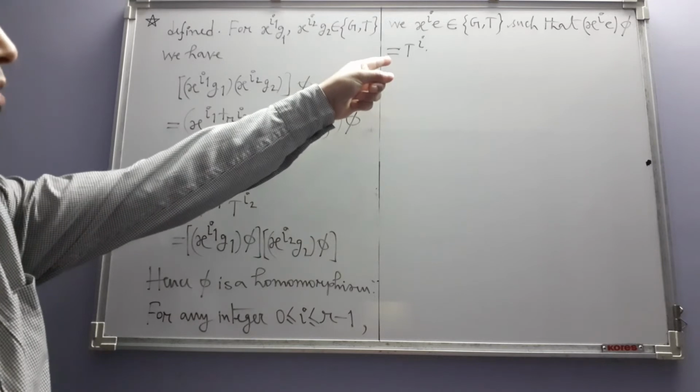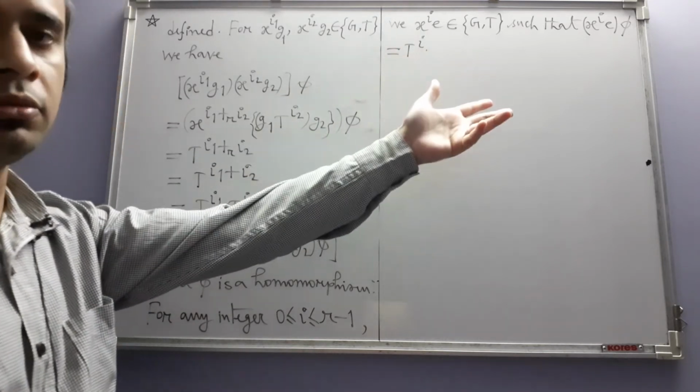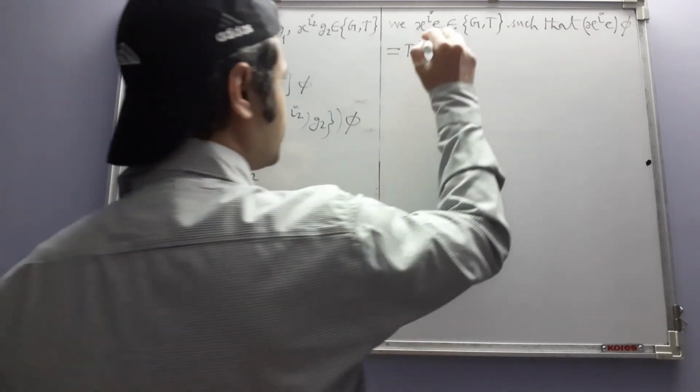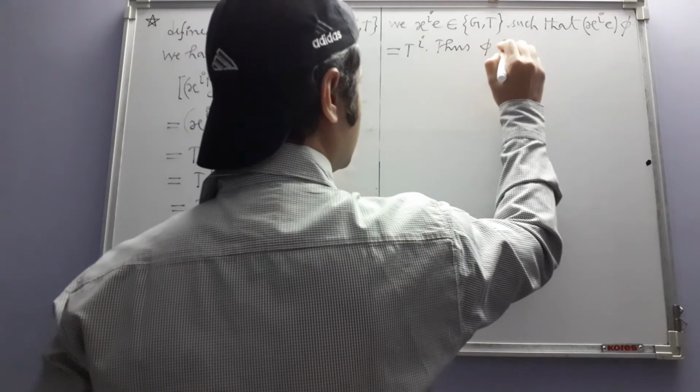So any such element appears as the output of some input under phi. So phi is onto.